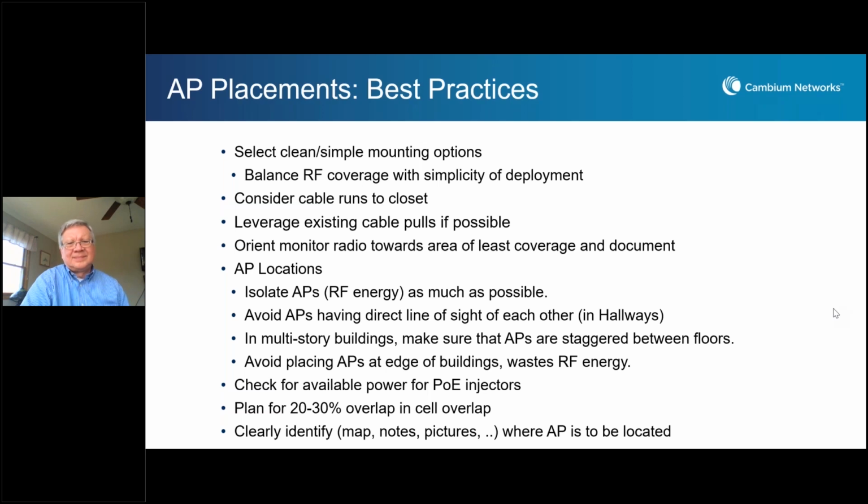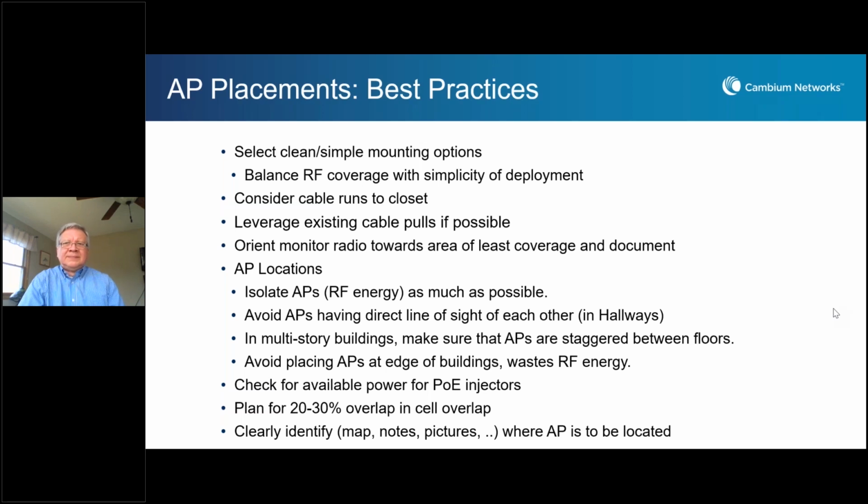Essentially what that means is, if you're in a gym, and the floor plan or the design calls for you to put that access point smack dab in the middle of the gym, but you don't really have access to that high ceiling, it might make better sense to put that access point towards one of the walls where you do have access. But you want to balance the RF coverage. Don't mess up your RF coverage trying to make it easier on yourself.